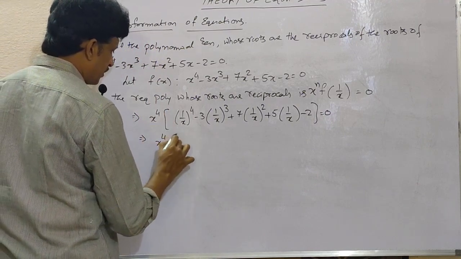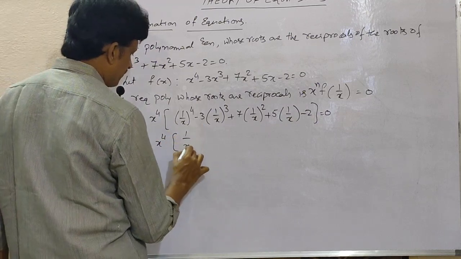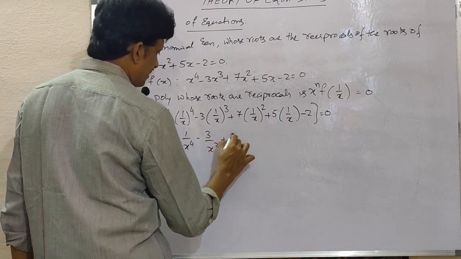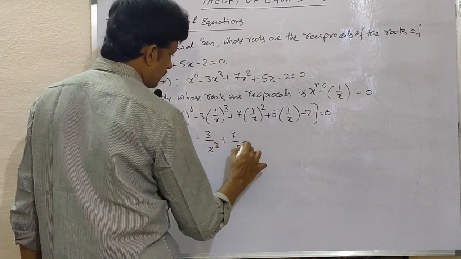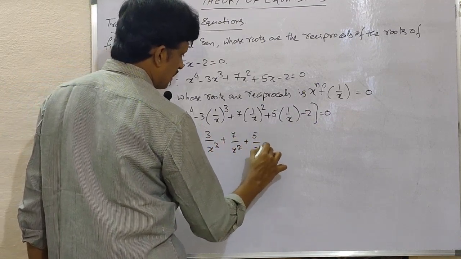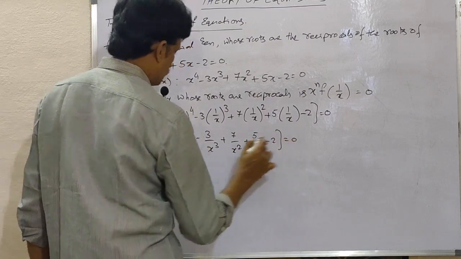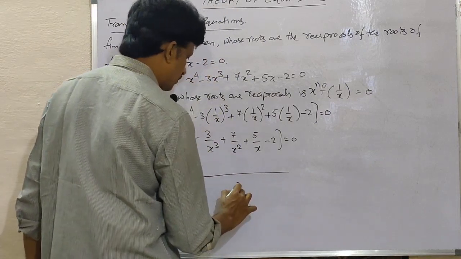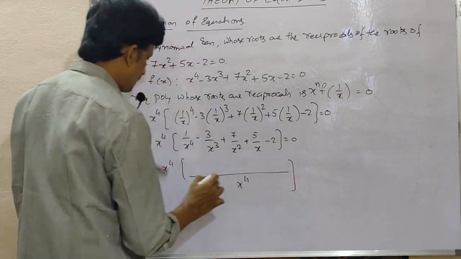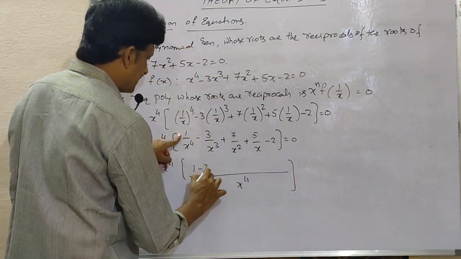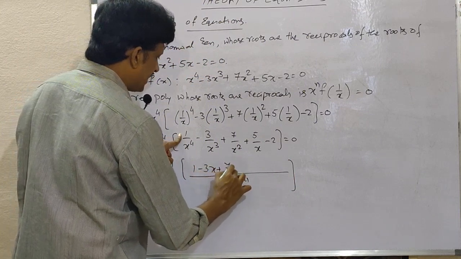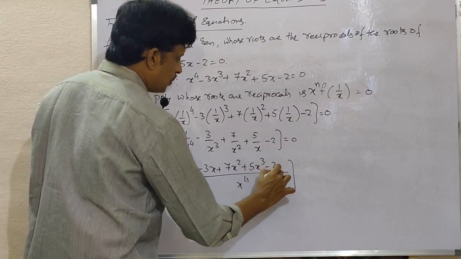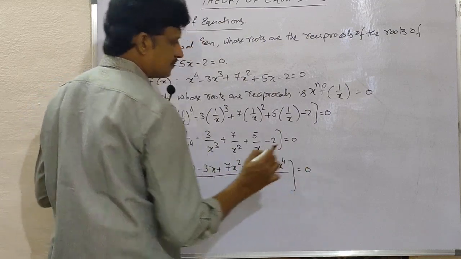Then x power 4 into this is 1 by x power 4 minus 3 by x cube plus 7 by x square plus 5 by x minus 2 equal to 0. That is x power 4 into, here take the LCM which is x power 4, this will be 1 minus 3x plus 7x square plus 5x cube minus 2x power 4 you will get.